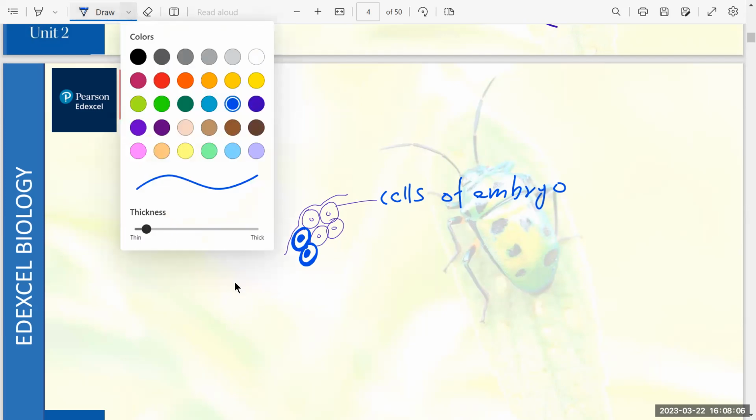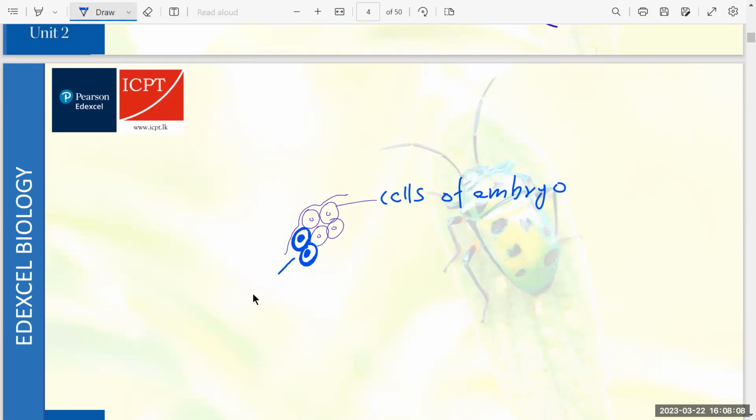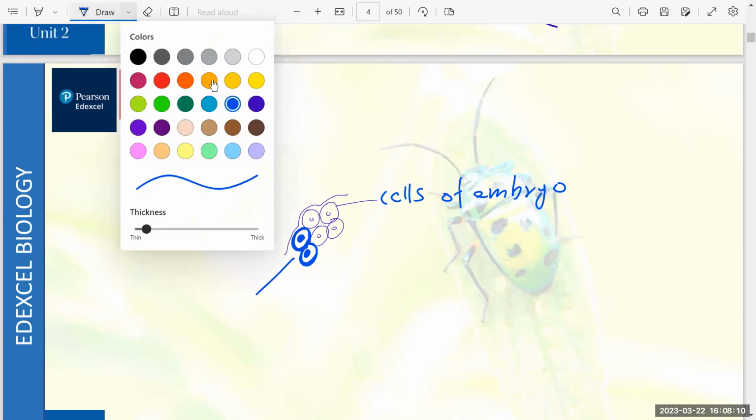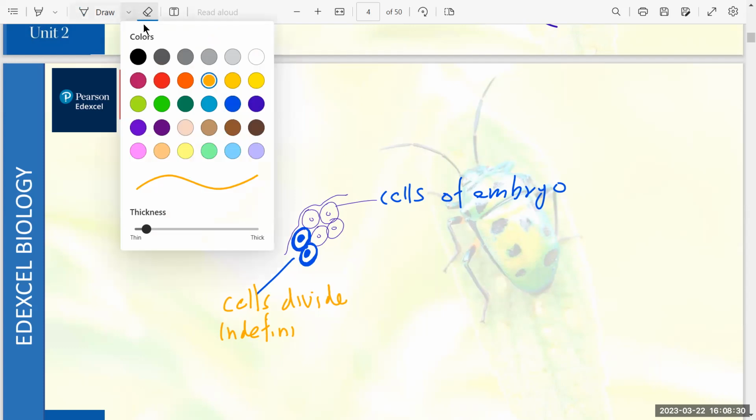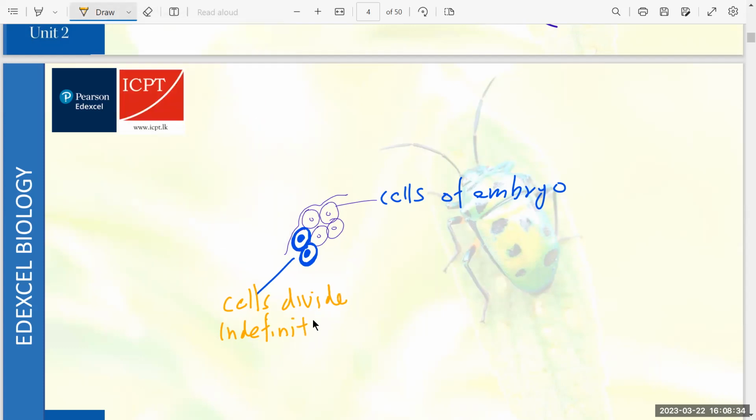So here we can make one remark: cells divide indefinitely.